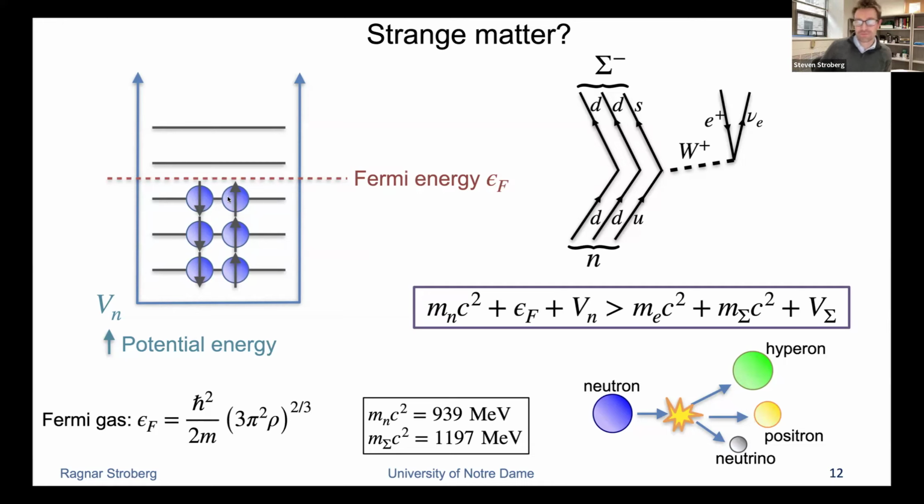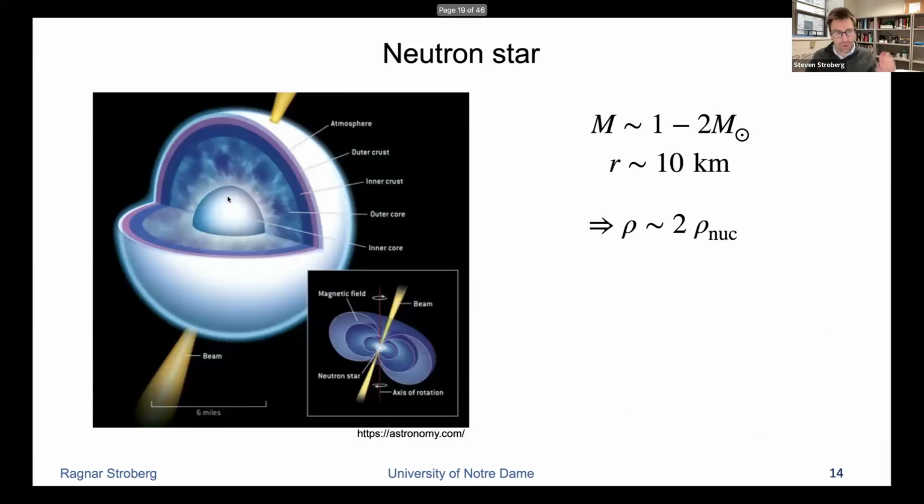So it's just speculation right now, but I think part of the interest is that we have neutron stars out there, and now we're actually getting data from them because we have gravitational waves and multi-messenger astronomy, so we can actually learn about them.